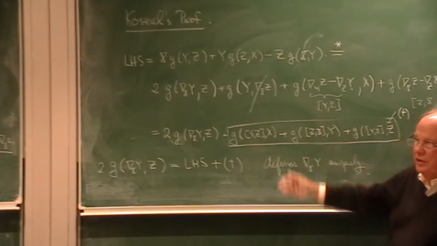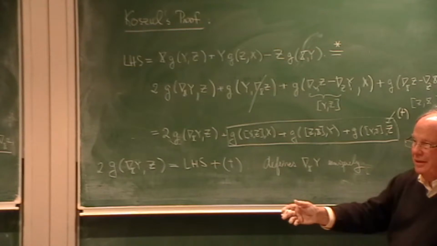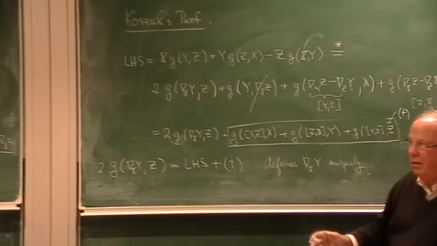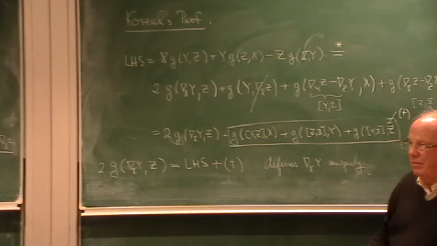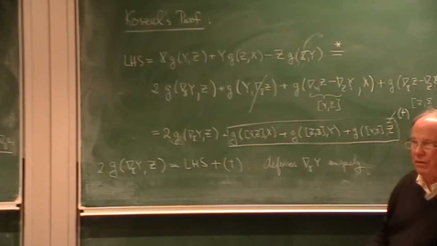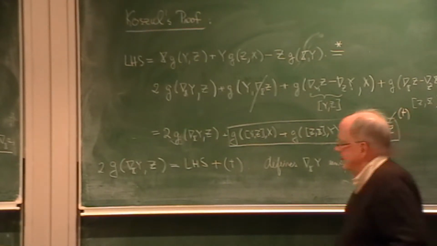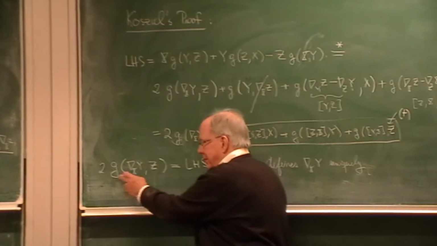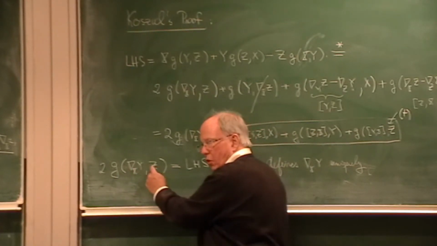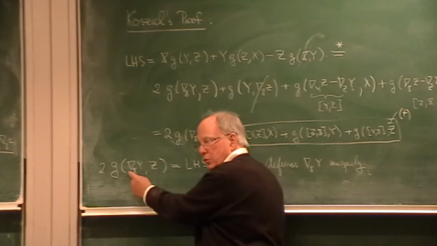I just took this calculation that you helped me do, and we killed everything that involved nabla except for one term, using the condition torsion free. And if you have a bilinear form where you know what this is on all possible vectors, then you know what the nabla is.